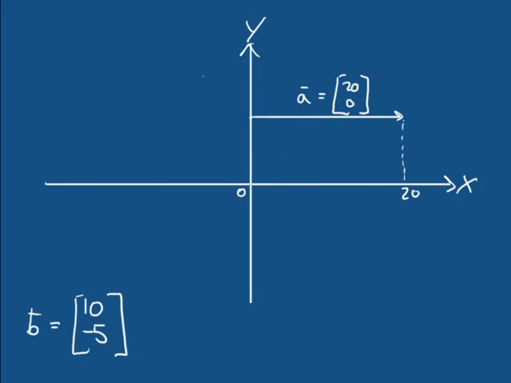So we could, if we started our vector at the origin, again I'm going to talk about that a little bit later, travel 10 units in x and minus 5 units in y, so that's about minus 5 there, and we get a vector that would look something like this, and this would be our vector b.